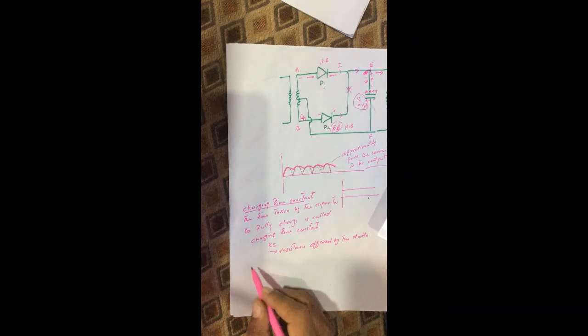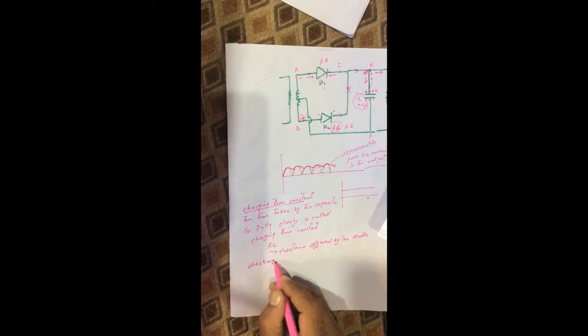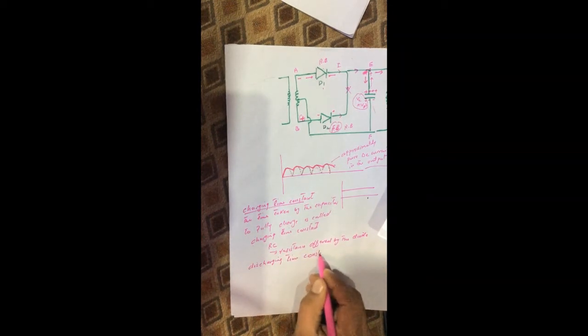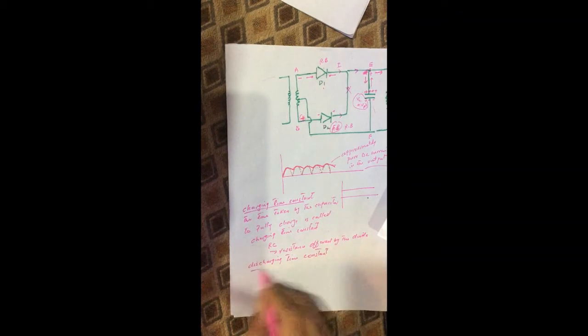And we have another factor which is called the discharging time constant. It is defined as the time taken by the capacitor to fully discharge.